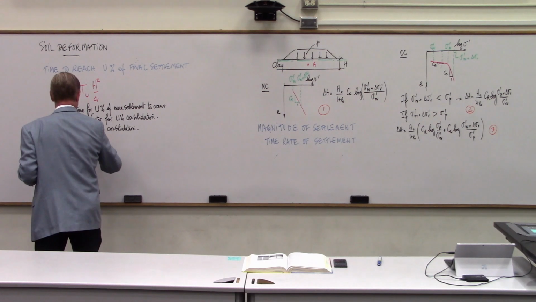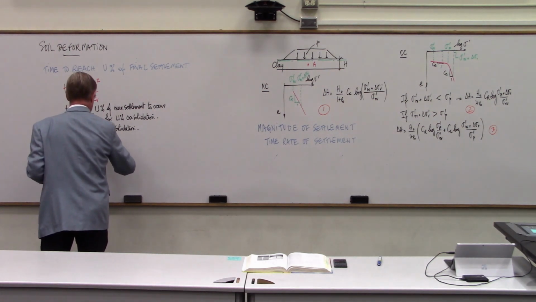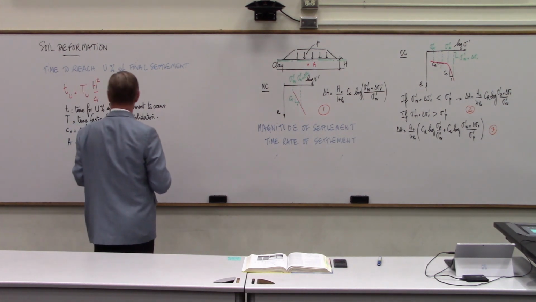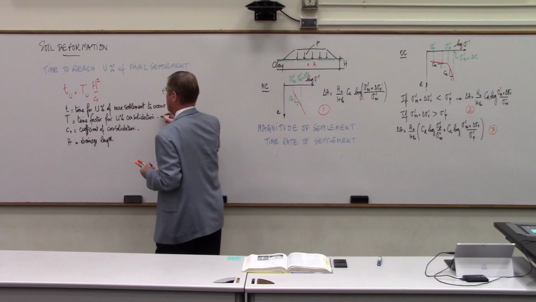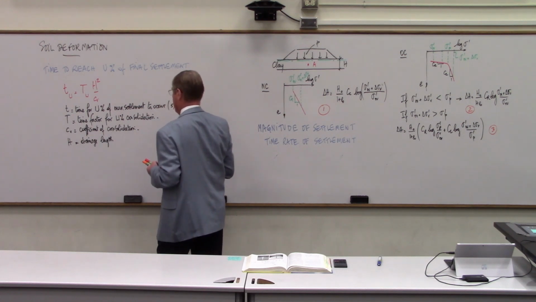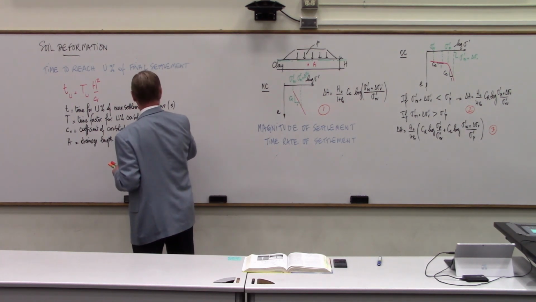And then H is the drainage length. So time factor has no units. T is in units of seconds, if you wish, or hours, or whatever. C sub V is going to be in units of length squared, so meter square per second.